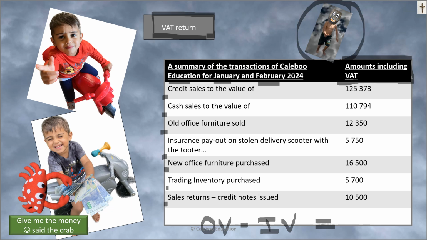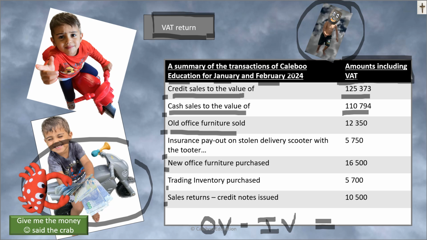So these are the transactions. There were credit sales to the value of 125,373. Cash sales, there's the value. Office furniture, old office furniture was sold, and one of the scooters was stolen, so there was an insurance payout.